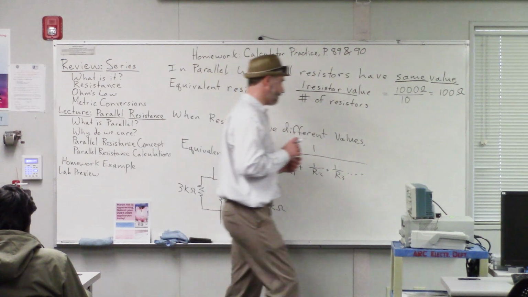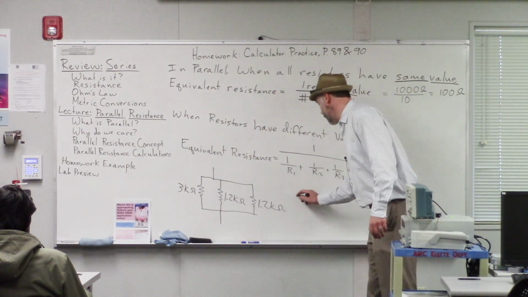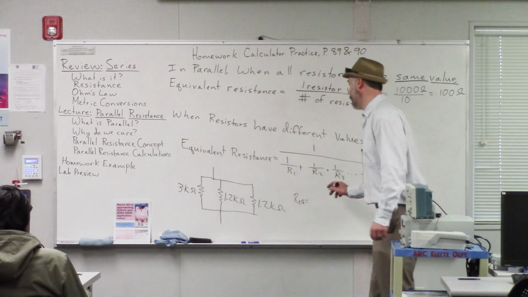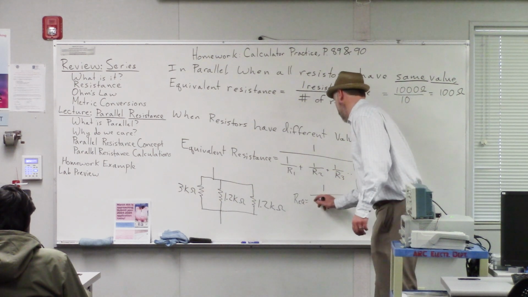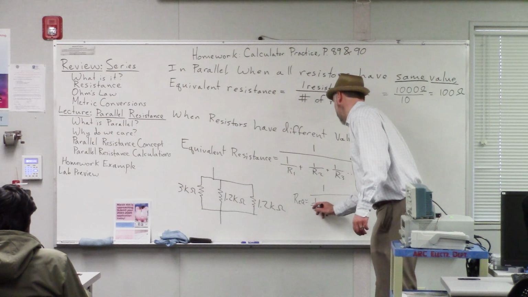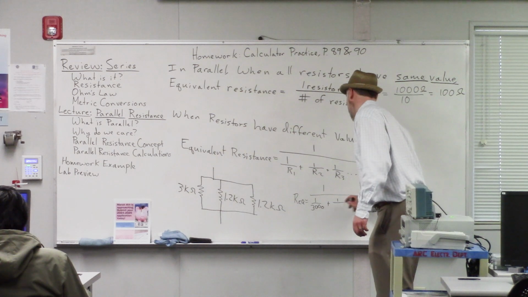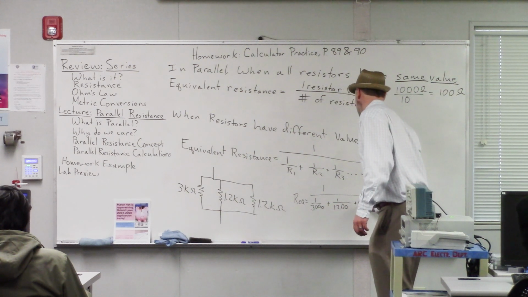So we can say that REQ equals 1 over 1 over 3,000 plus 1 over 1,200 plus 1 over 1,200.